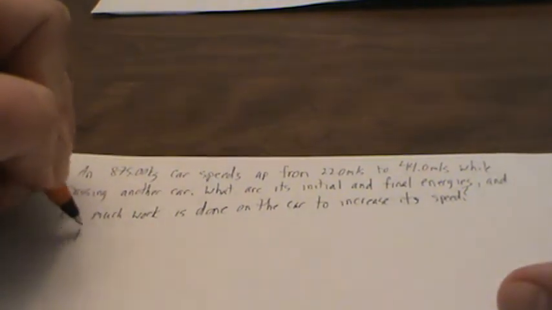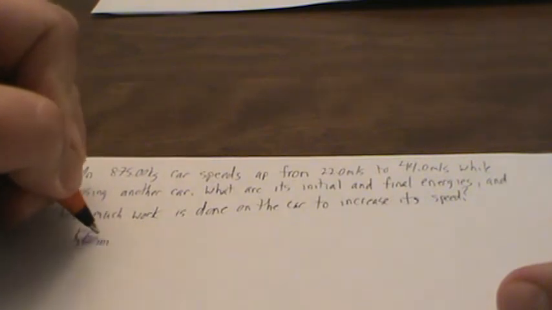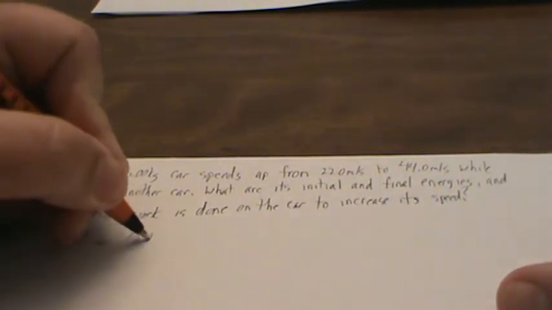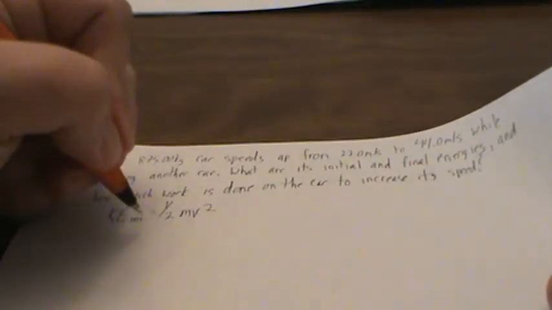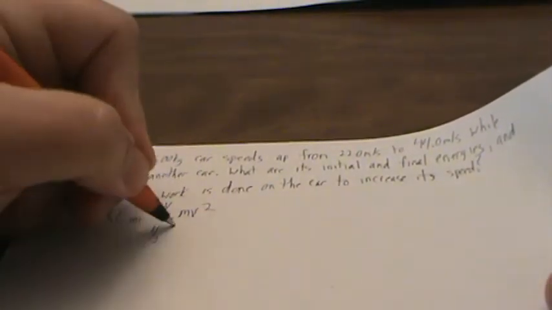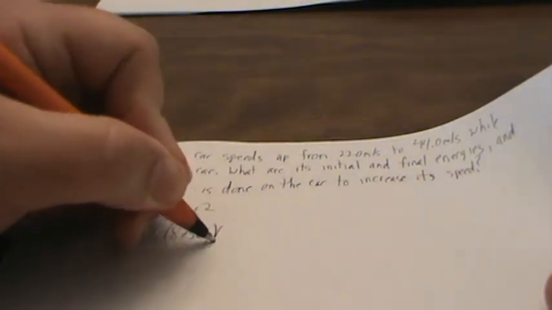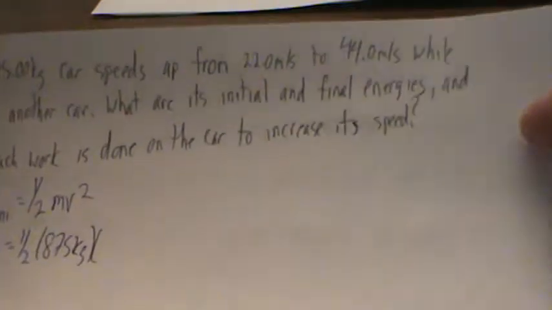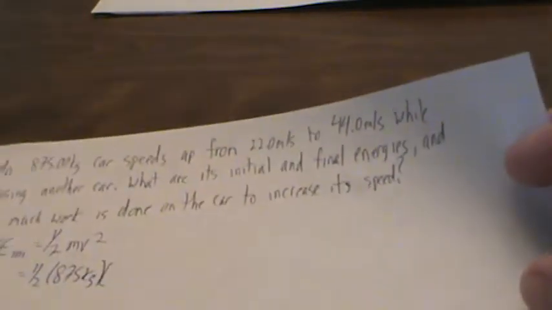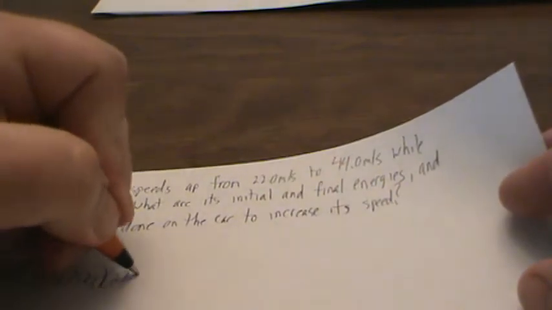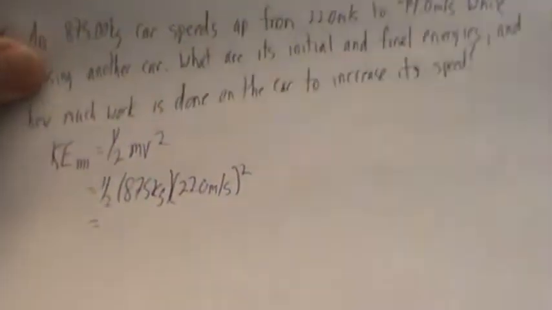Okay, so if we find our initial kinetic energy, 1/2 mv squared, 1/2 times our mass, 875 kilograms. Now for this initial kinetic energy, we're going to use our initial velocity, which was the 22 meters per second. I'm going to square that.